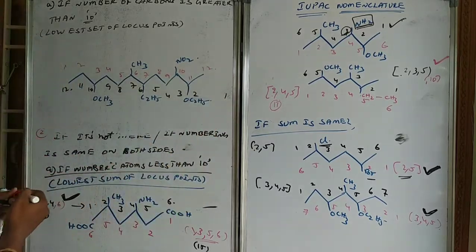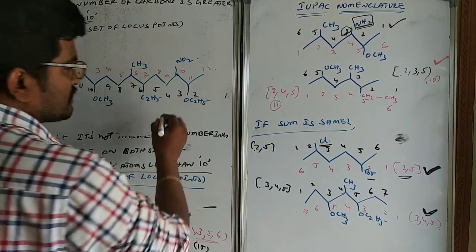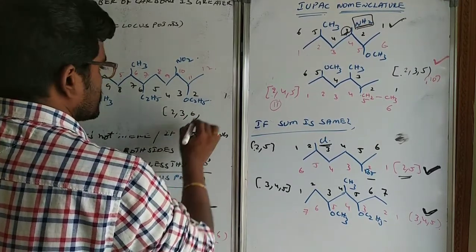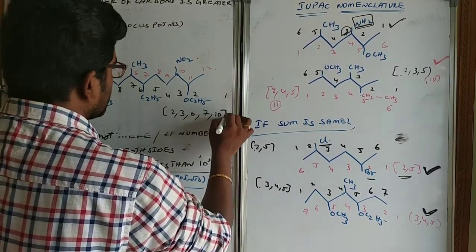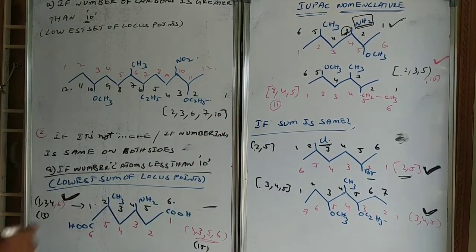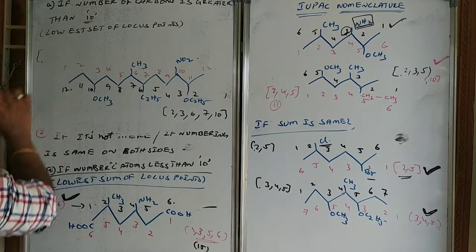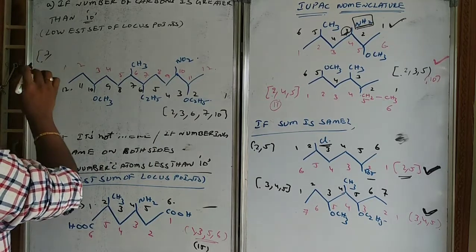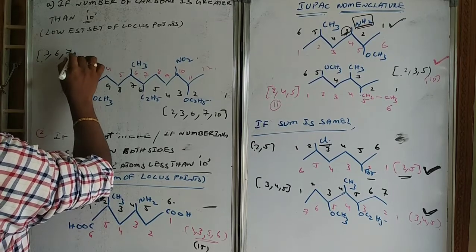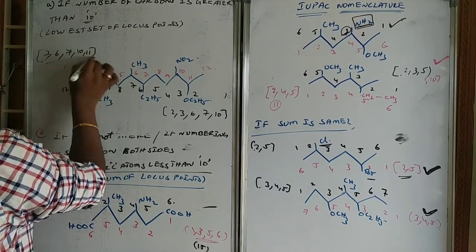From this side the set of locus points will be 2, 3, 6, 7, 10. From the other side, it will be 3, 6, 7, 10, 11.